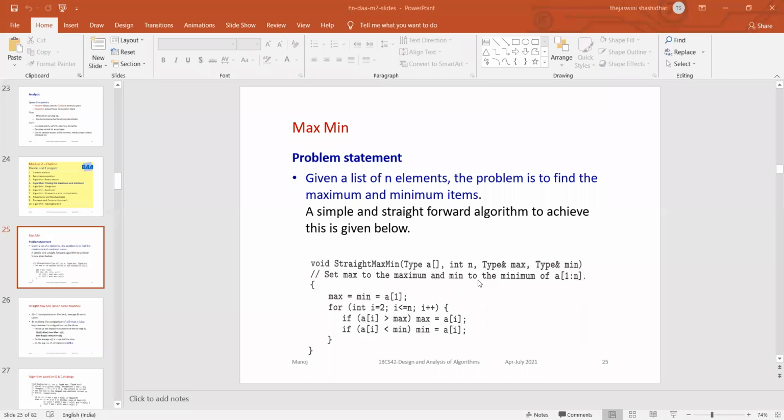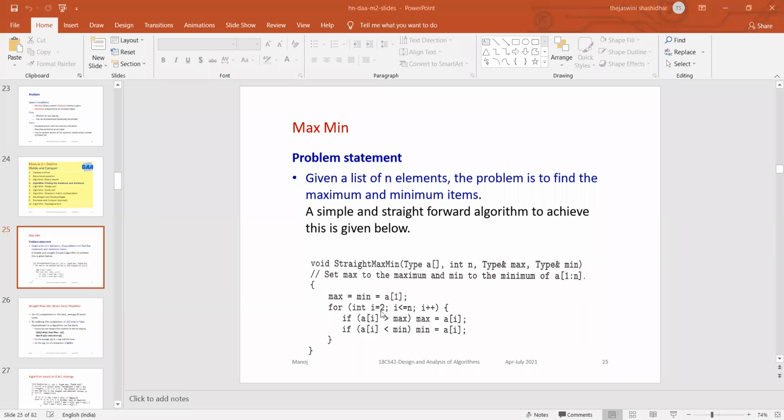Here we have set the min variable and max variable to A of 1. A of 1 is nothing but the first element in the array. So the first element in the array is pointed to by max as well as min. So you leave the first element.